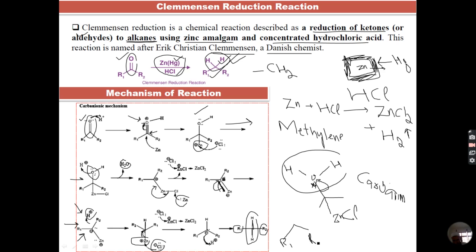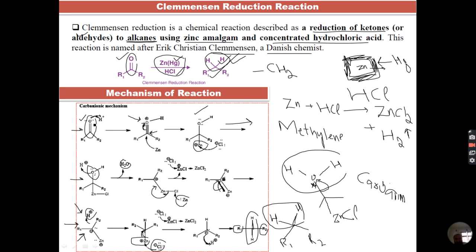This is R2. And this carbon now has two hydrogens, H and another H. So basically now we have a methylene group on this carbon, the conversion of your carbonyl C double bond O into methylene.